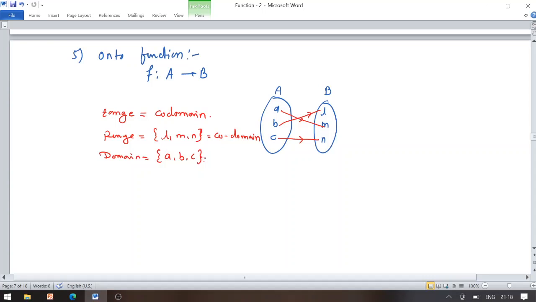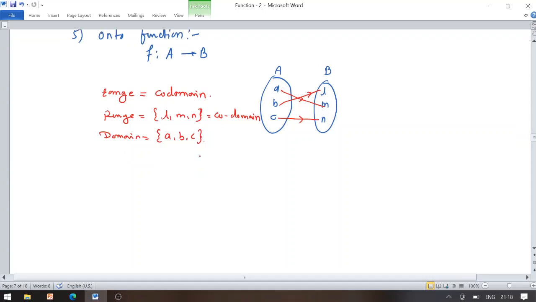Now what exactly is a many-one function? Look at the next type. The sixth type we have is the many-one function.